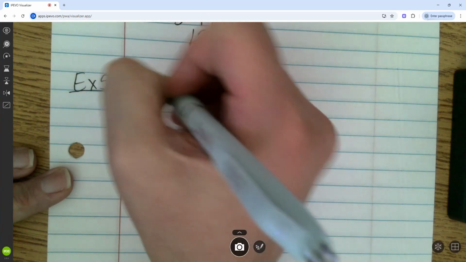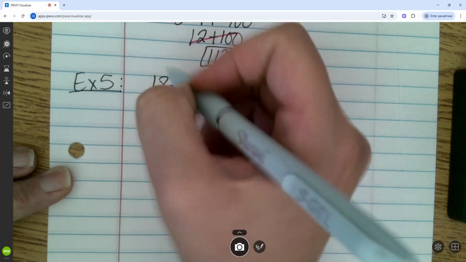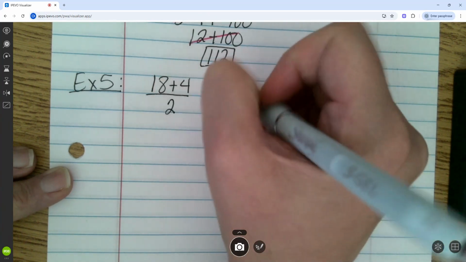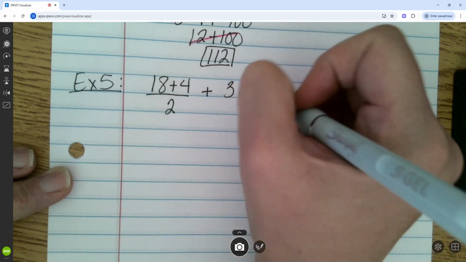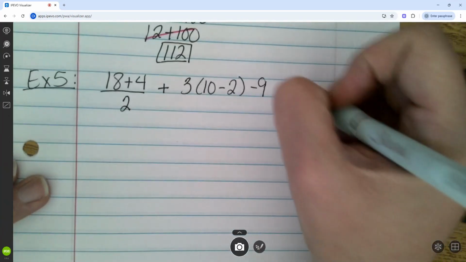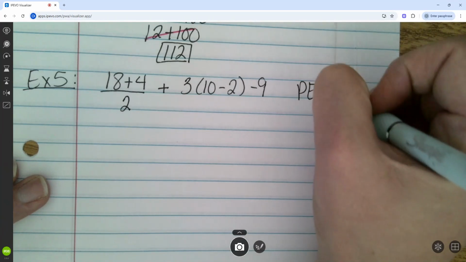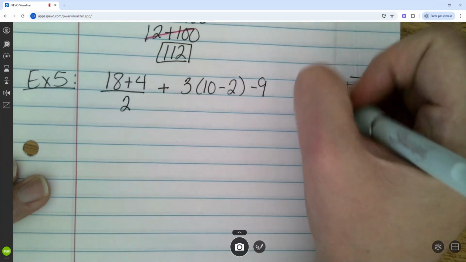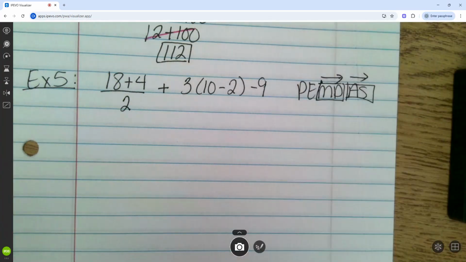All right, so one grouping symbol that I tend to forget to talk about are fractions, because they do separate our numerator and denominator, so it is grouping them. So we do want to focus on each of them in separate terms until they are simplified.